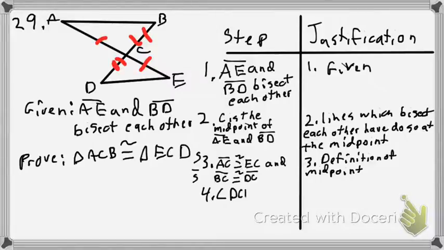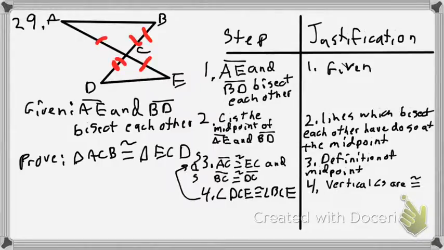Okay, so now we go, angle DCE is congruent to angle BCA. And the reason we get to say that is that vertical angles are congruent. Notice in step 3 we were able to peg two of the sides. Step 4, stating that vertical angles are congruent, gives us the angle.